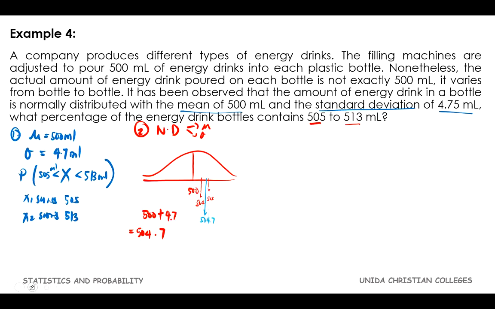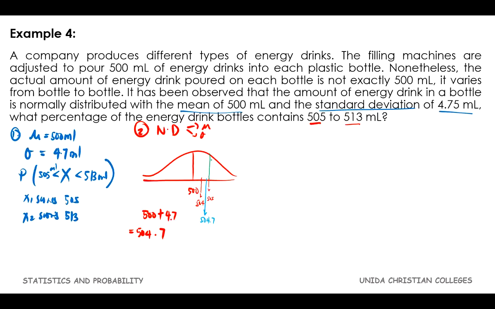Okay? So, next input natin ay si X scores. Okay? Sabi dyan, 500. So, ito siya yung isa. Yan. Sabi daw, it should be greater than 505.